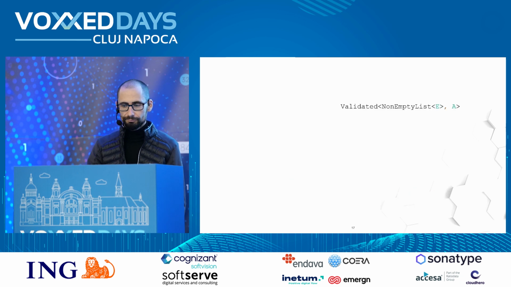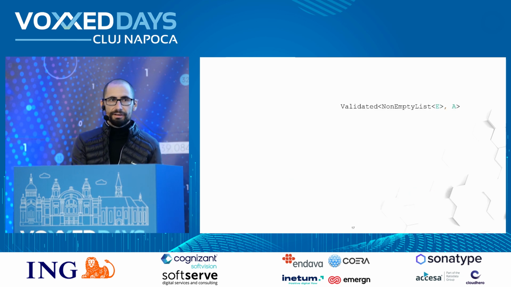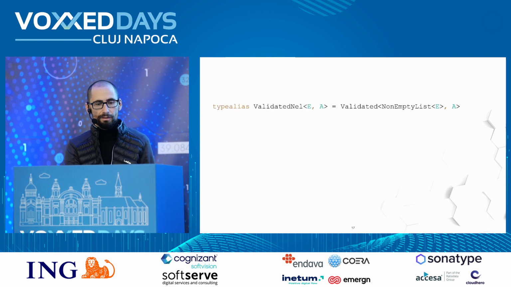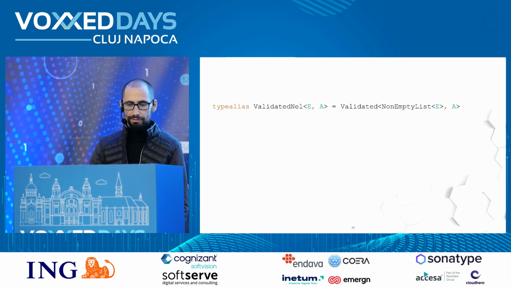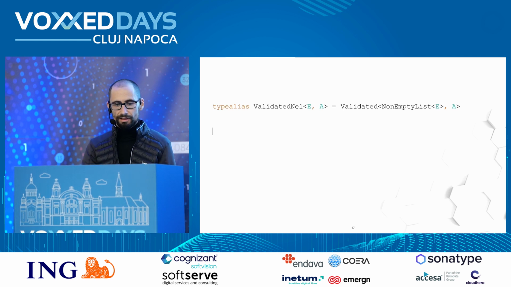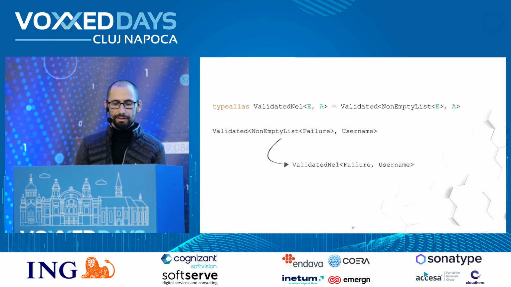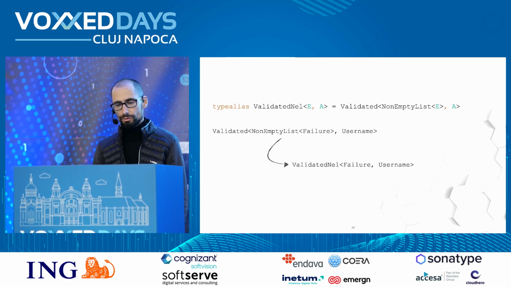Instead of writing all of this code over and over again, we can use a type alias, ValidatedNel. It's present in the Arrow library, so we don't have to create it ourselves. And instead of writing our return type like this, which is quite long, we can use a ValidatedNel of Failure or Username.